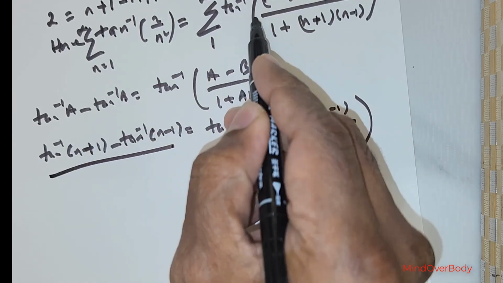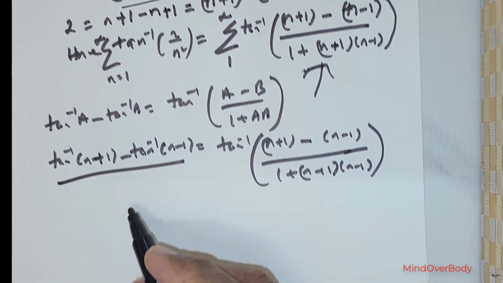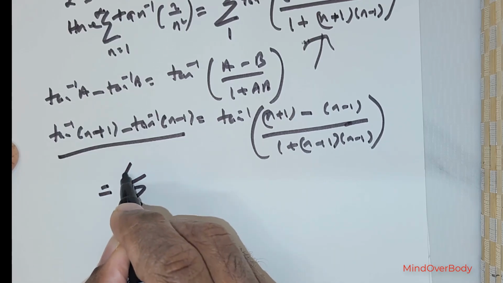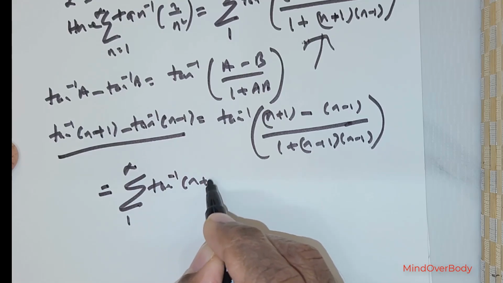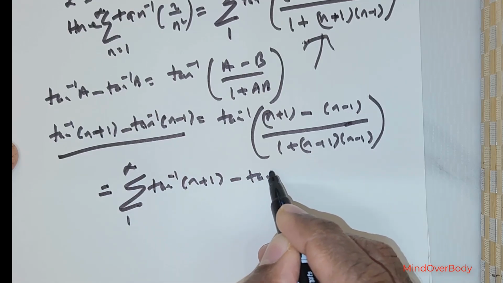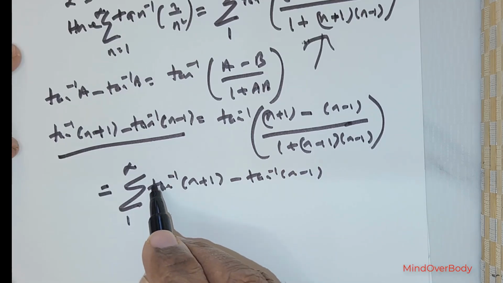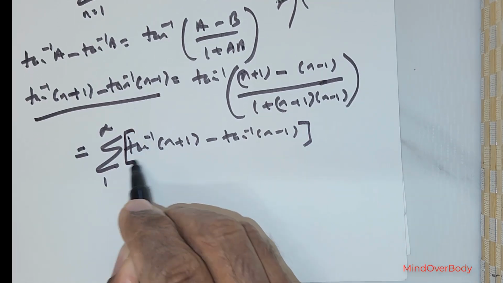So take this and place it over here. So this is equal to sigma 1 to infinity tan inverse of n positive 1 negative tan inverse of n negative 1. Now this is an all important step that is very vital.